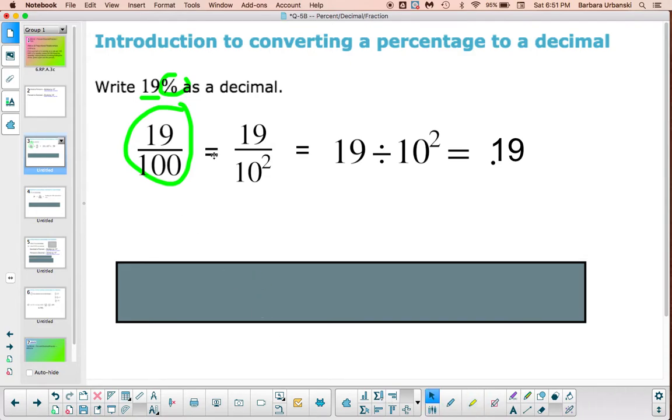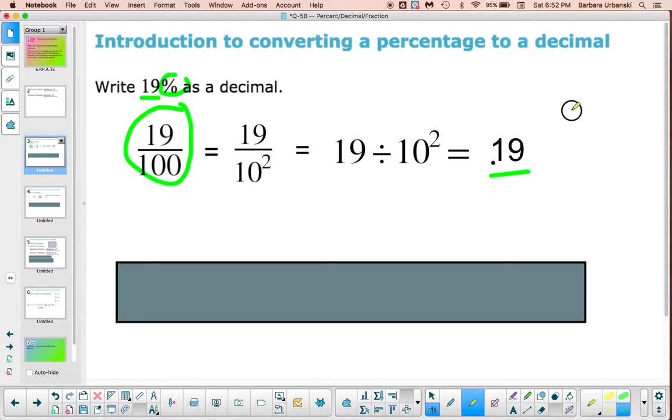But if you had to, you could go and look at the math. 19 over 100 is the same as 19 over 10 to the second power, which means 19 divided by 10 to the second power. Your number 19 is going to be getting smaller by two place values, and therefore you have 0.19, and 0.19, you would read it like you see it.